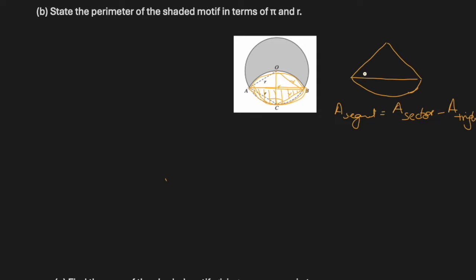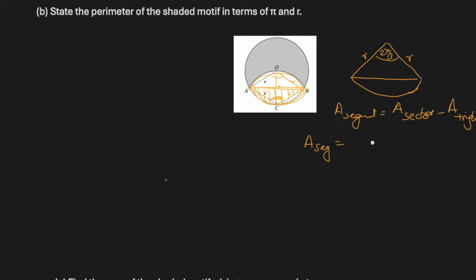This triangle if I remove, I'll get the area of the segment I want. What is the area of this sector? If this is R and this angle is 2 pi by 3, because this angle we found that it is 2 pi by 3. It is exactly same because this is a rhombus we have formed. This will be the same angle.